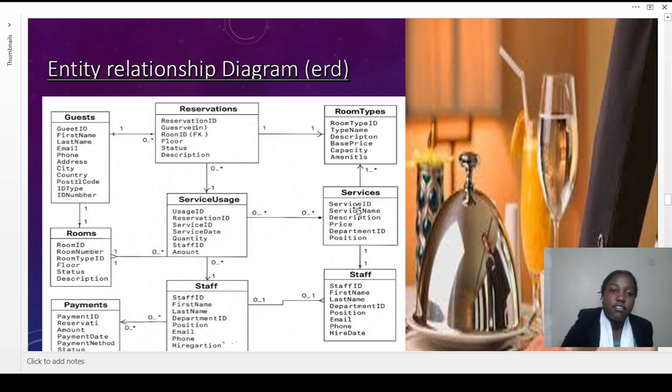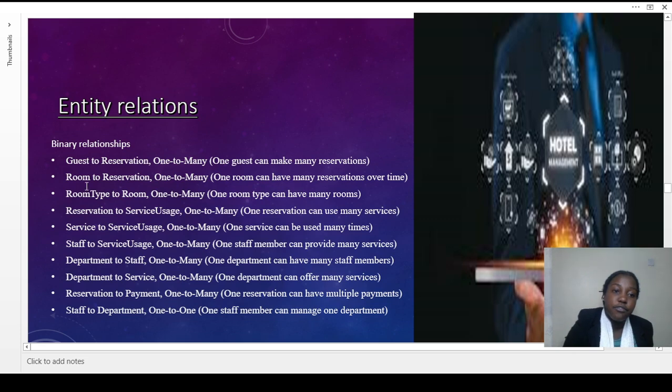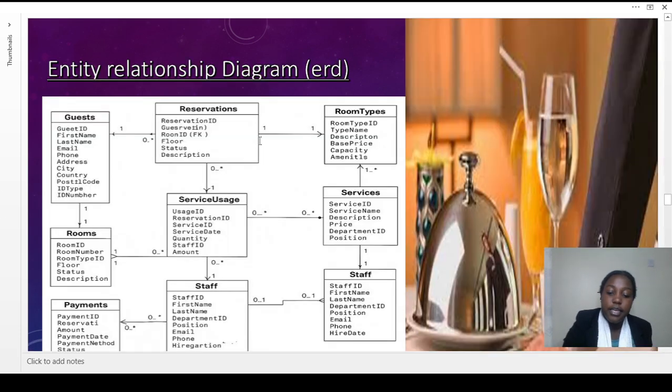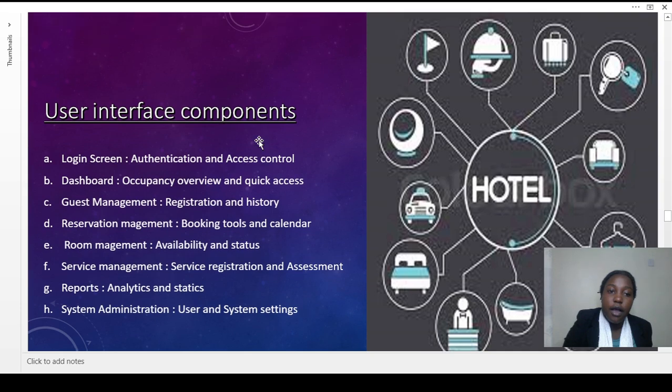So this is our entity relationship diagram that explains these previous relationships. As we can see, it's very clear and very broad. So if you want to know more, you can read through. Then we have the user interface components. What do we expect in our database?